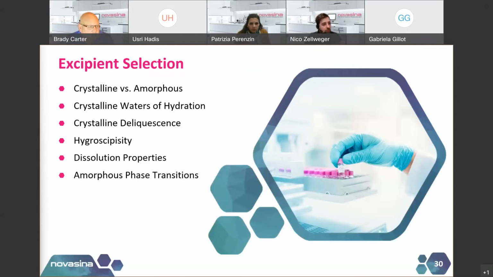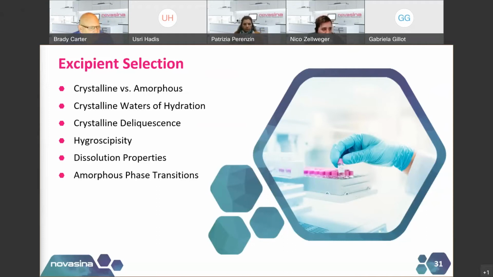Now, in terms of excipient selection, excipient selection can be one of the most important things for any kind of drug formulation. It has several purposes: a bulking agent, but it's also meant in a lot of cases to protect the active ingredient. And so the type or the nature of that excipient can be quite important in determining whether or not it will protect the active ingredient.